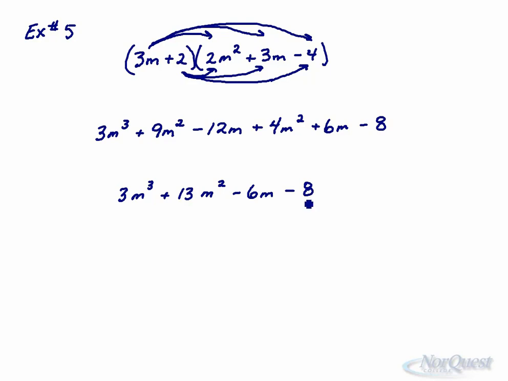Alright, let's look at a couple harder examples to wrap this up. Example number 6. We're going to do a binomial, 3x minus 2, into a polynomial that's got brackets within brackets.